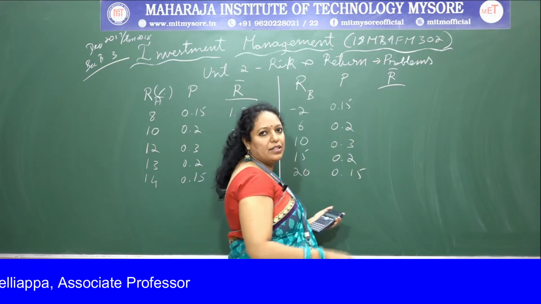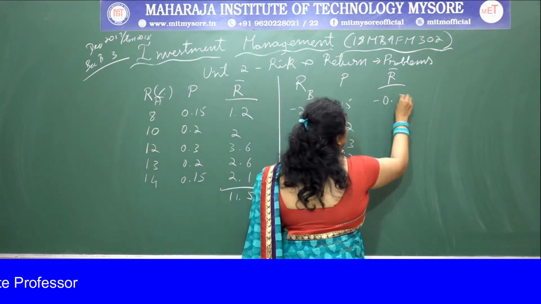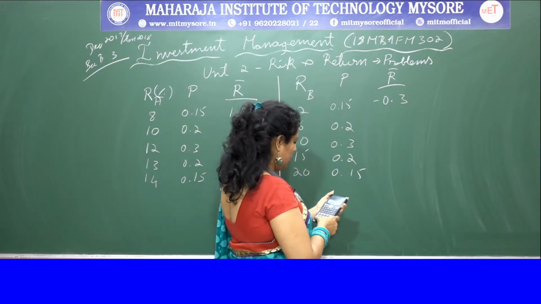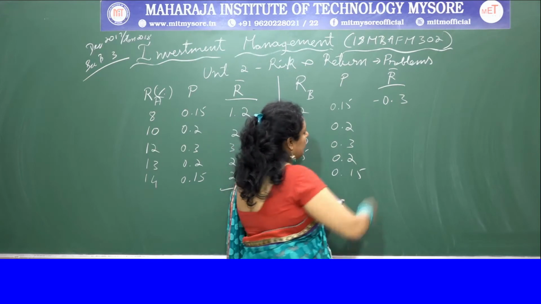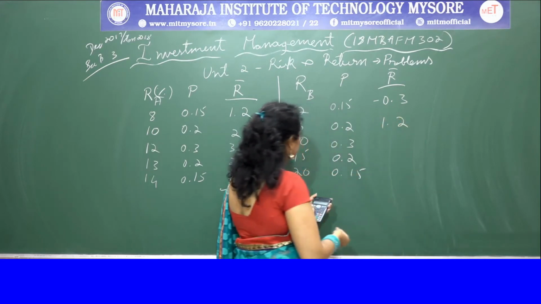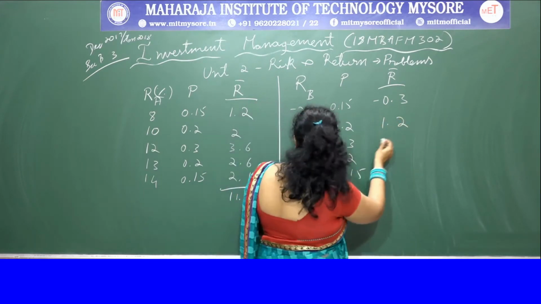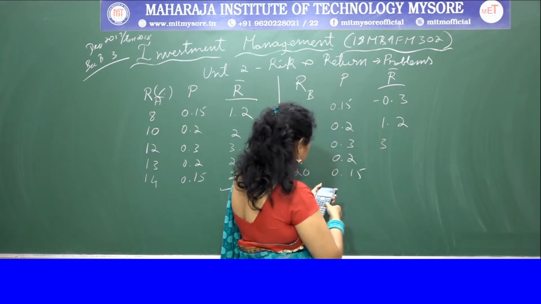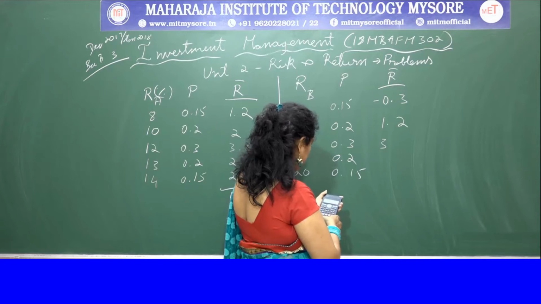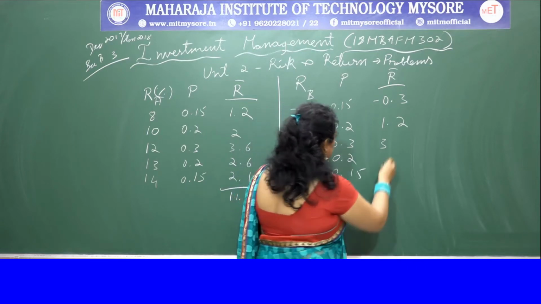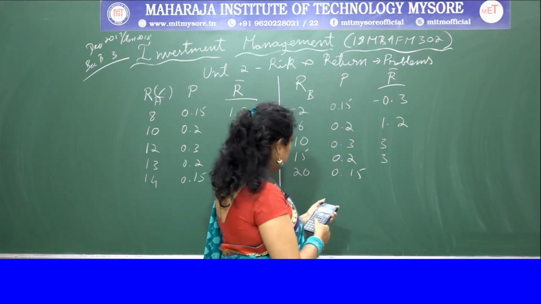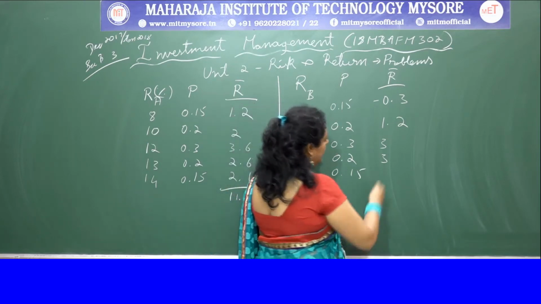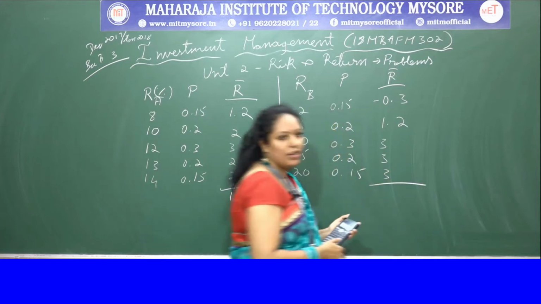So you get minus 0.3. 6 into 0.2, you get 1.2. 10 into 0.3 is 3. 15 into 0.2, you get 3, and 20 into 0.15 you get 3.